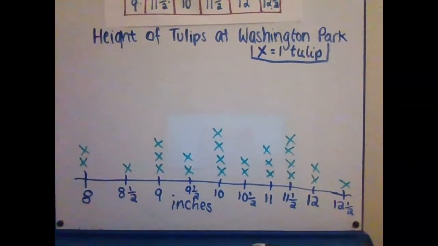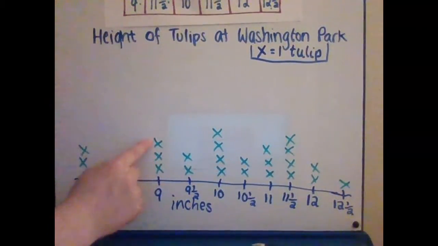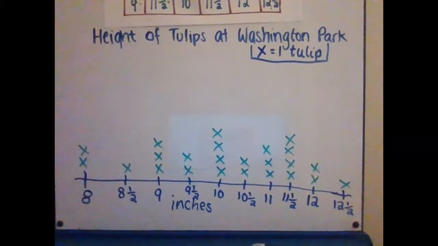All right, I hope you're coming back to me with an answer. 9 inches or less. That means we need to count 9 inches, 9.5 inches, and 8 inches. So go ahead and count with me. 1, 2, 3, 4, 5, 6. I hope you had 6 as your answer, because 6 tulips have a height of 9 inches or less.